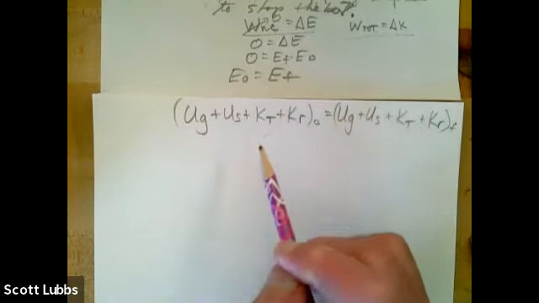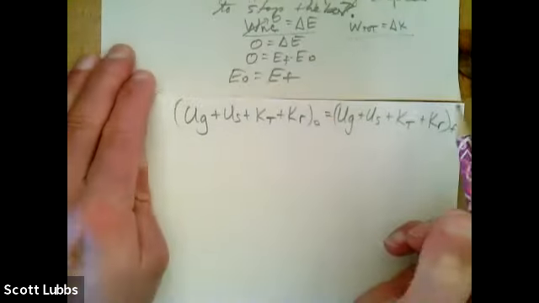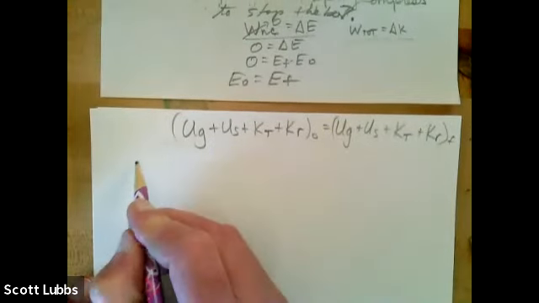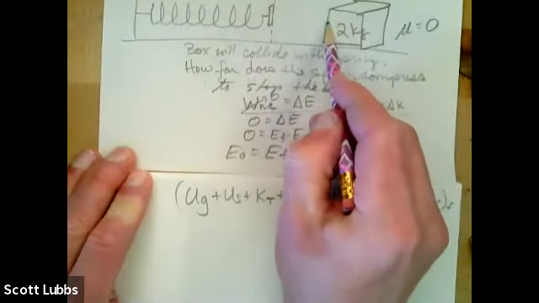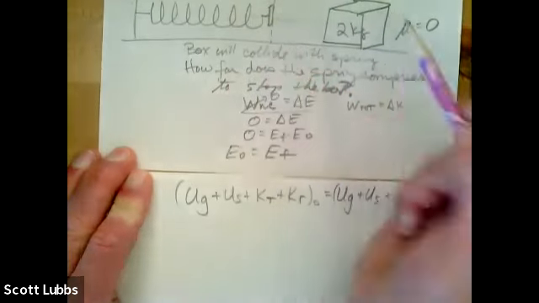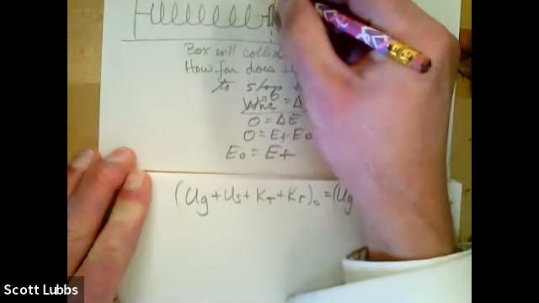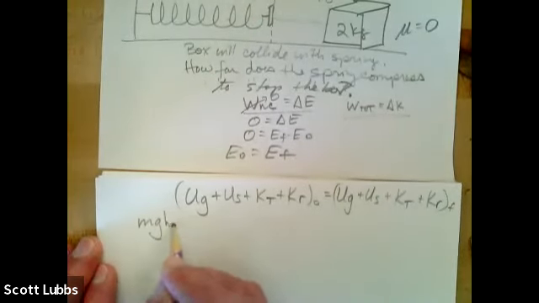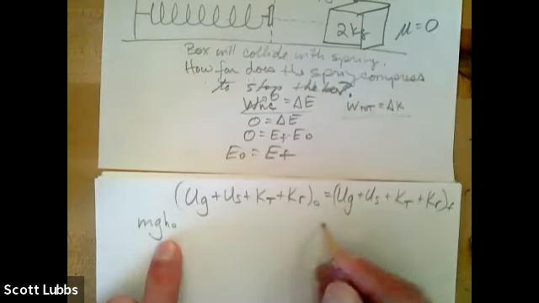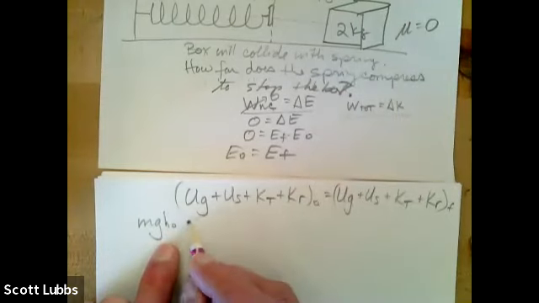And now I'm going to go through and find what is 0. At the beginning, well, gravitational potential energy, as we're moving horizontally. So we're moving horizontally here. mgh initial, mgh final. So initially, I'm starting over here at h initial.